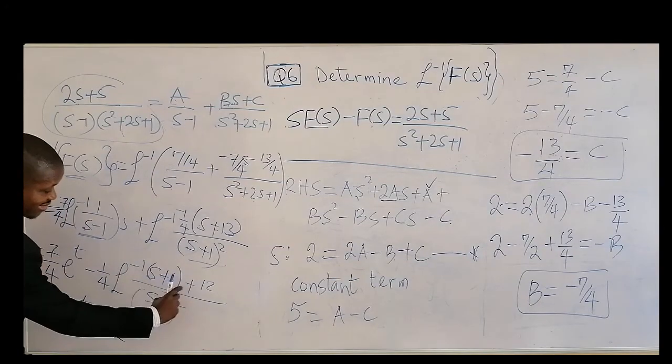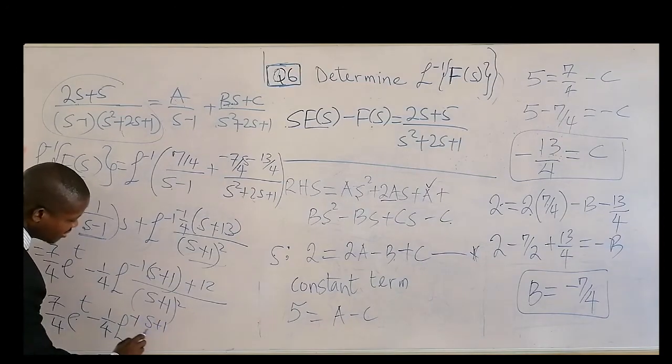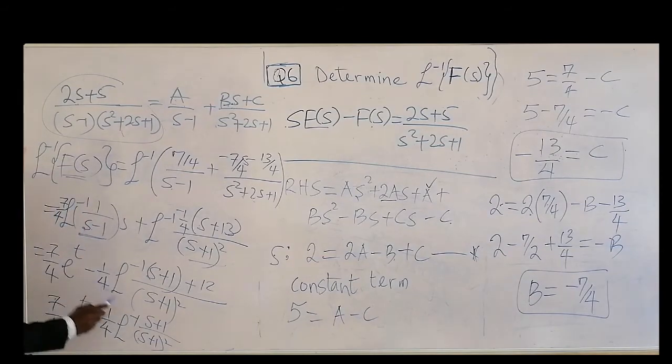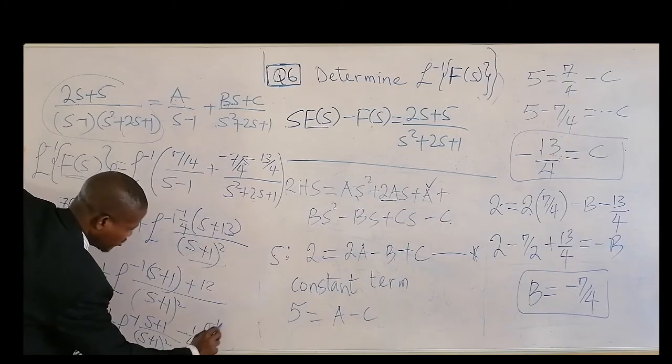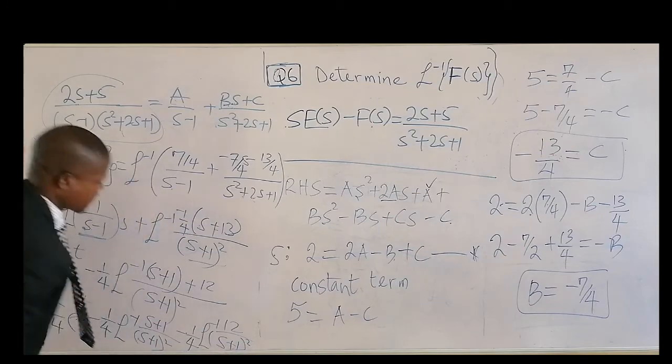Then you now break this expression into two parts. And that will be x plus 1 over x plus 1 all squared. Then minus 1 over 4. Then this will be what? Inverse Laplace of what? 12 over what? X plus 1 all squared.